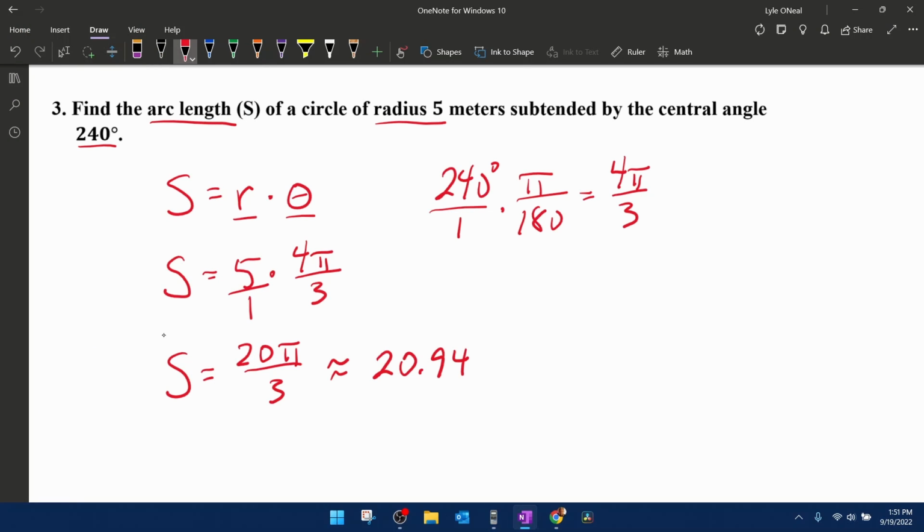Now the units for arc length are always the same as the units for the radius. So that's going to be 20.94 meters or 20 pi over 3 meters exactly.